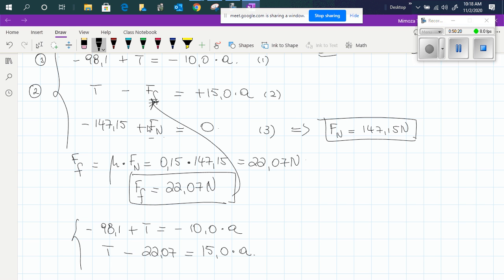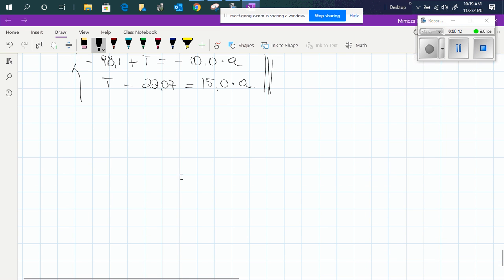And again, you can solve it any way you want. You can solve it using a calculator or not, whatever you want, or elimination or substitution. In this case, both will be the same. The way that you solve it doesn't really matter. What is important is that you have the correct values.